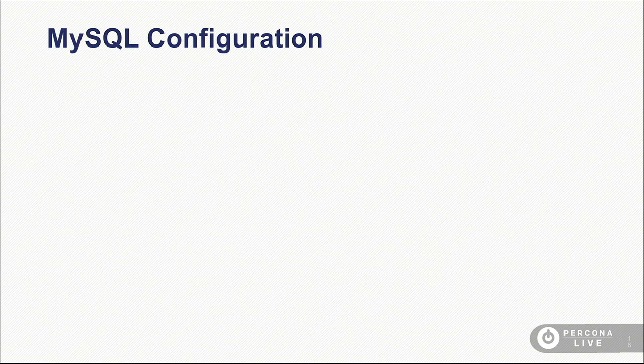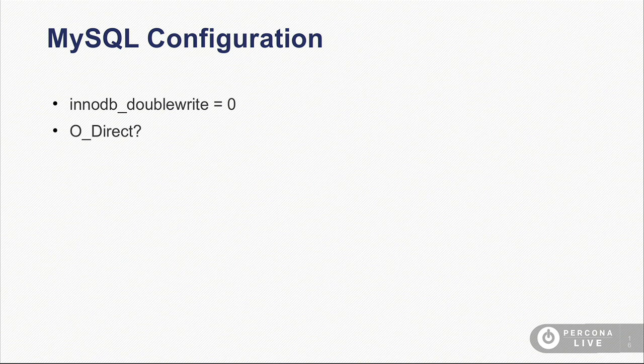So for MySQL now, first, since ZFS is transactional, the obvious one is that you don't need the InnoDB doublewrite buffer. But then, what about O_DIRECT? In the past, if you started MySQL with O_DIRECT and the OS didn't support it, it would not start.